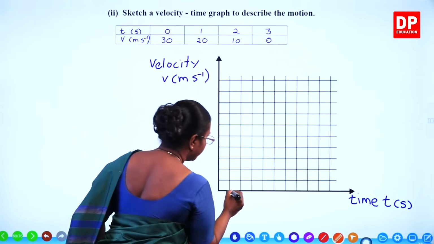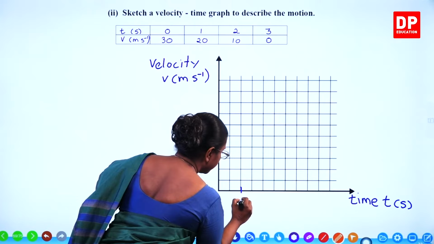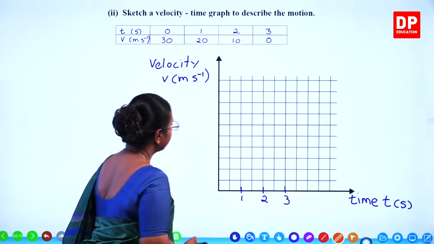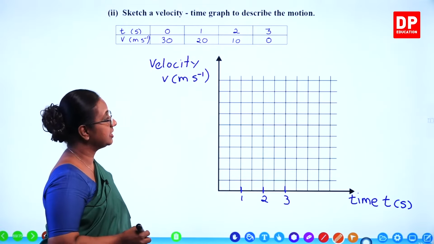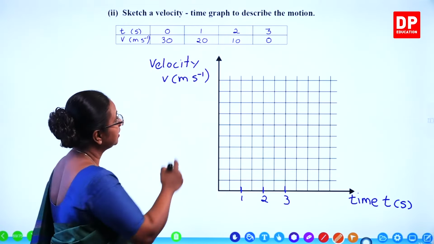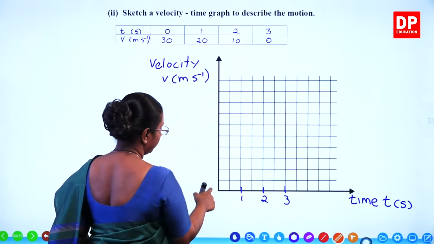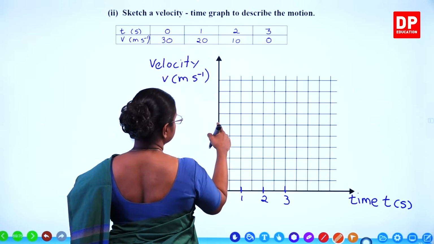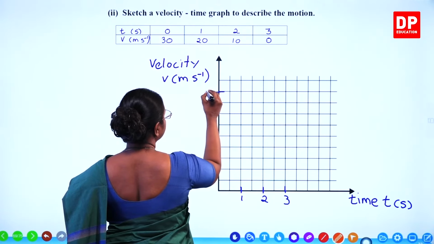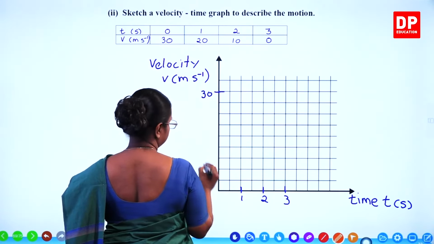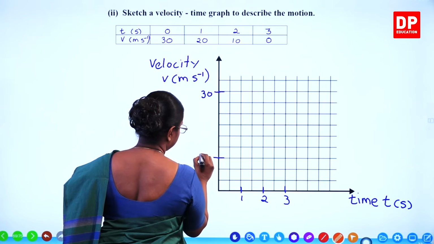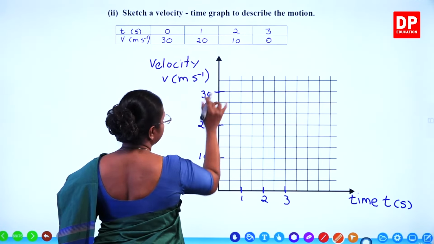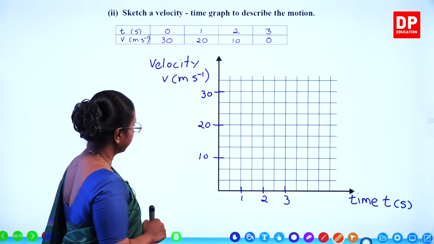Time 0 to 3 seconds. So 1, 2, 3 seconds, and the velocity starts from 30 and reaches 0. So if I mark the 30 here, 10, 20 and 30 meters per second.